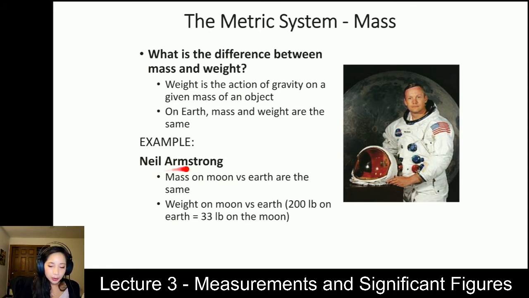An example, Neil Armstrong, when we blasted him off to the moon, his mass did not change drastically. He was still the same sized man on the earth versus on the moon, so his mass did not change. But his weight, in fact, did change. Let's say he weighs 200 pounds on Earth, he would weigh about 33 pounds. He would feel like he weighs 33 pounds on the moon.